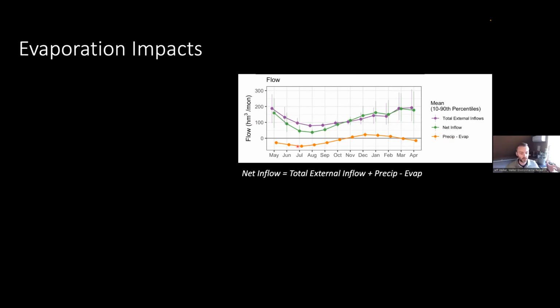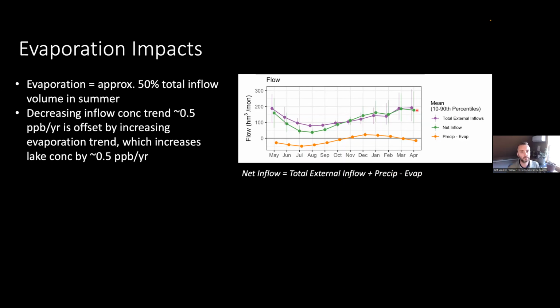So about 50% of the inflow water during the summer is lost to evaporation. In the mass balance, we have a term called the net inflow, which is the sum of the total external inflows, the purple line, plus the net precip and evap, the orange line. Adding them gives this green line, which is our net inflow. So evaporation is about 50% of the total inflow volume.